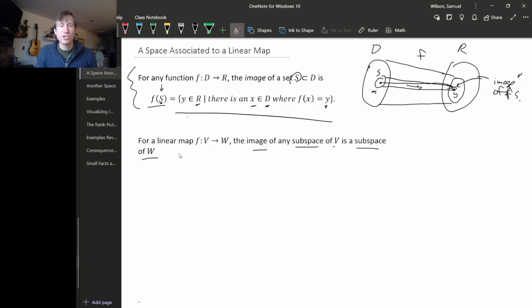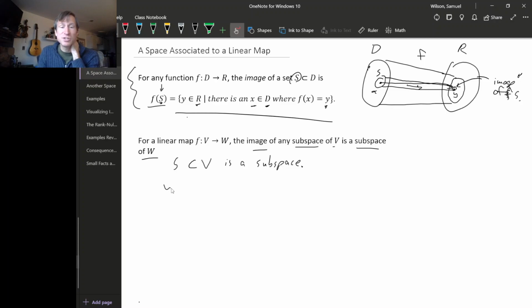This isn't very hard to show. We need to write down a subspace first. So let's say that S in V is a subspace. To show that its image is a subspace of W, we just have to show that it's closed under linear combinations of two elements.